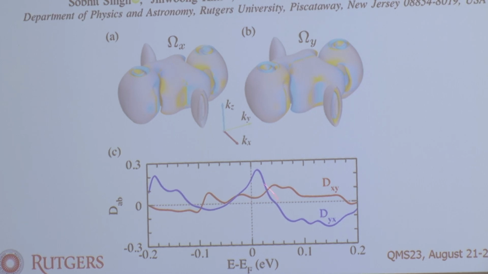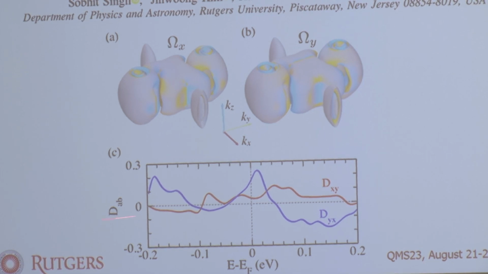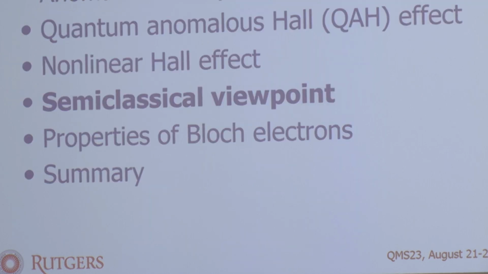And so the relevant value is really at the Fermi level, but as a theoretical experiment, we varied the Fermi level over a range from 200 to minus 200 millivolts to see how much variation there is. And as you do that, of course, you change the location of the Fermi surface and you change the nonlinear anomalous Hall conductivity.